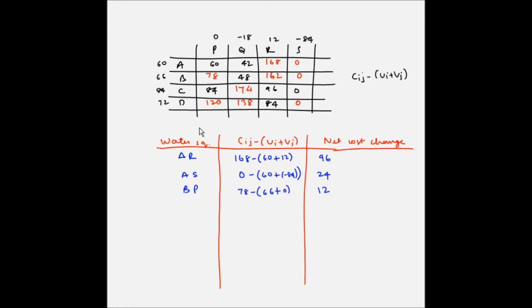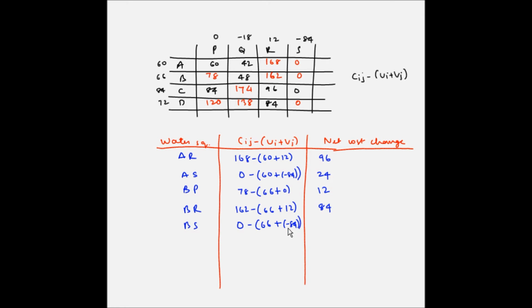The next water square is BR. The value of Cij is 162, Ui is 66, and Vj is 12. So 162 minus 78, the value is 84. The next water square is BS. Cij is 0, Ui is 66, and Vj is minus 84.